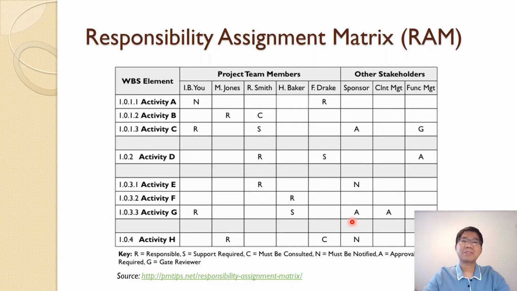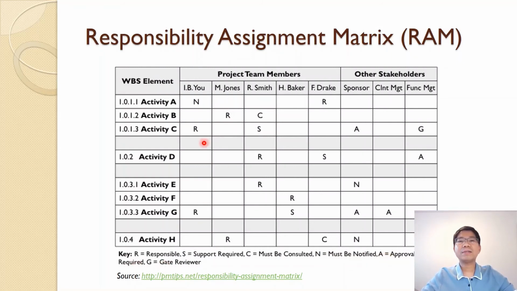So the responsibility assignment matrix can go into further detail. Instead of just saying who is doing this, you can say the level of responsibility for certain work. Example in here, R is defined as responsible, S for support required, C must be consulted, N must be notified, A approval required, and G get reviewer.